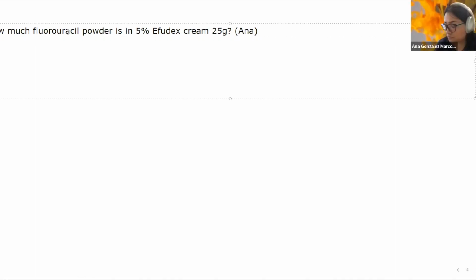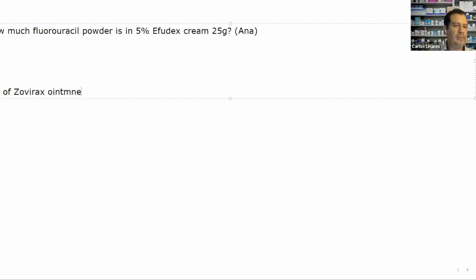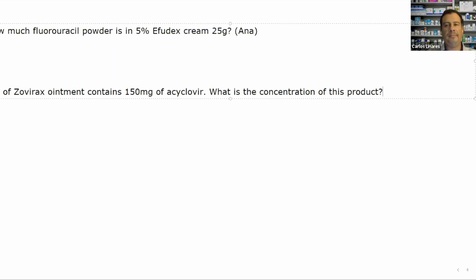And then for Christina: 3 grams of Zovirax ointment contains 150 milligrams of acyclovir. What is the concentration of this product?